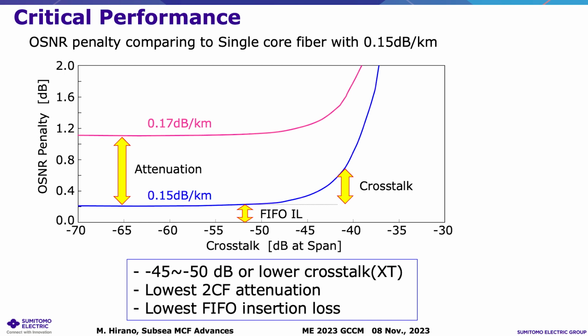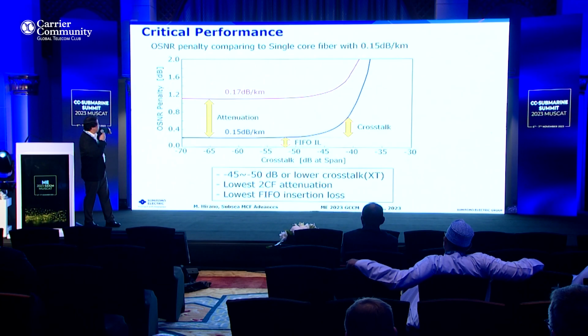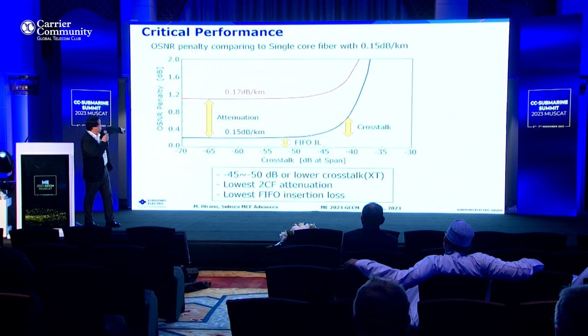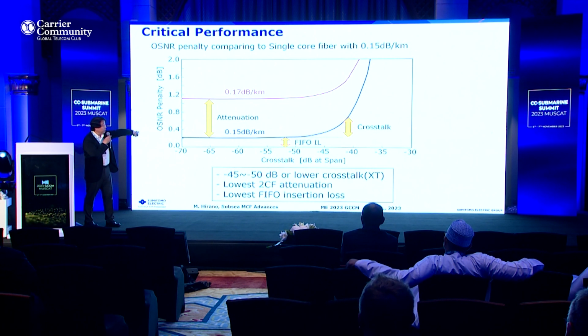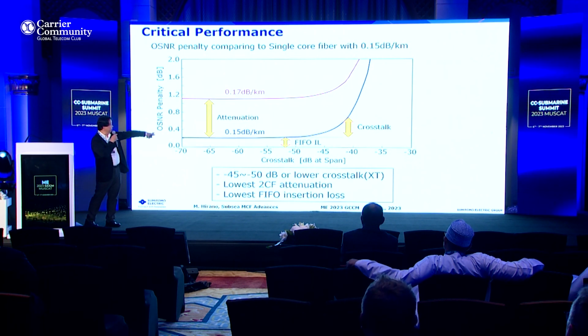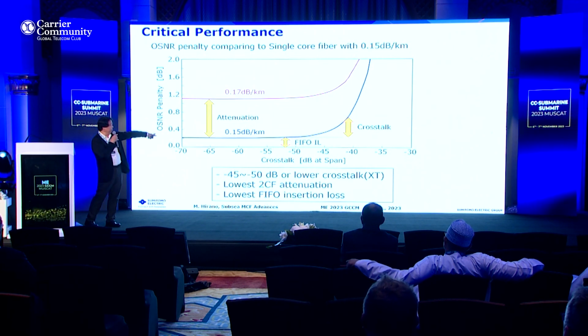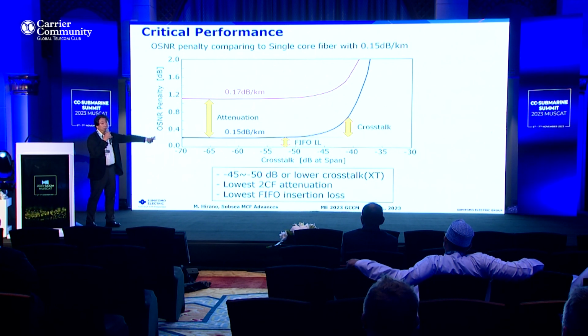Okay, so if we see this view graph, the penalty from the crosstalk is negligible around minus 50 to minus 45. So that's the design we shall use.